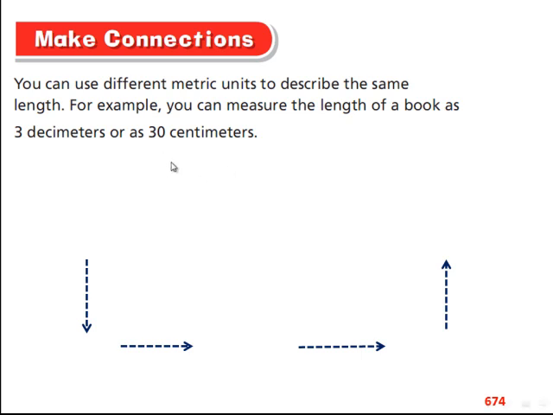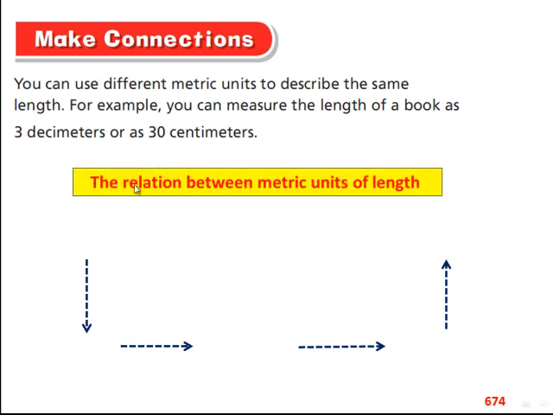Of course, let's learn the relation between metric units of length. The biggest one, as you know, is kilometer. If you want to convert from kilometer to meter, you should ask yourself, how many meters in a kilometer? There are 1,000 meters in a kilometer.